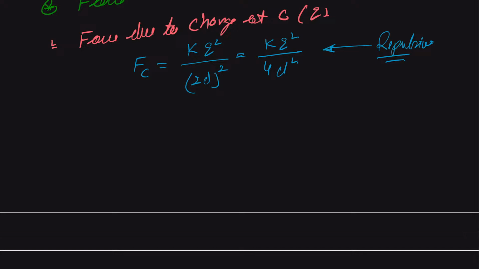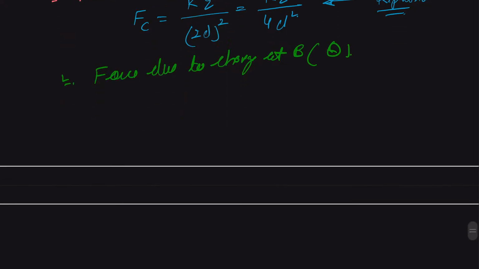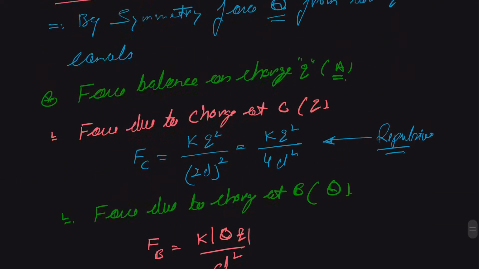And then there is our force due to the charge at B. The charge at B is our capital Q. So we can say this as our FB is equal to k Q small q over the distance between the two, which is d square. And here we can take this in magnitude, because we need the force on this charge at A to be equal to 0.